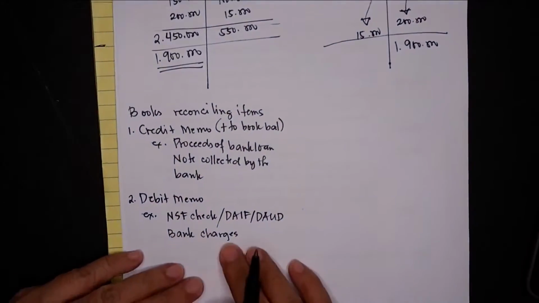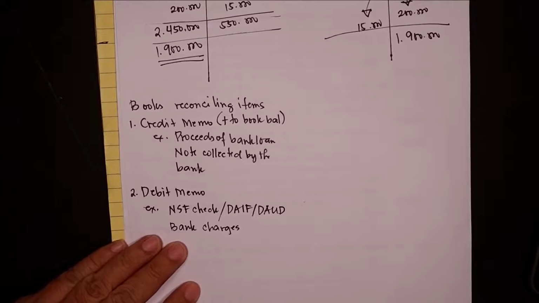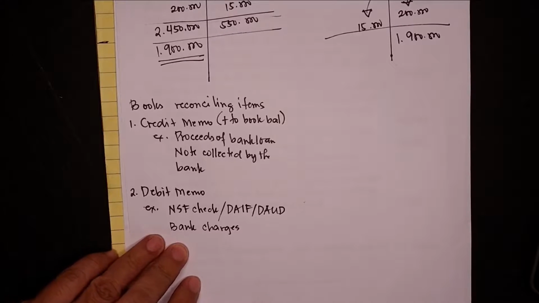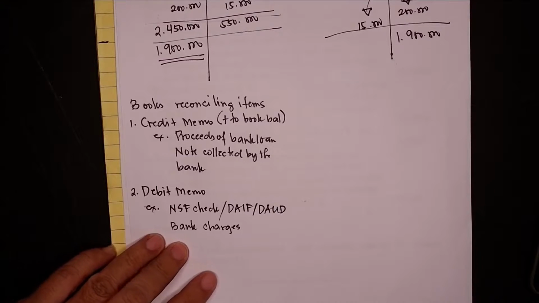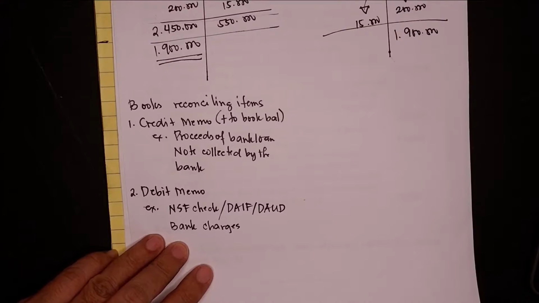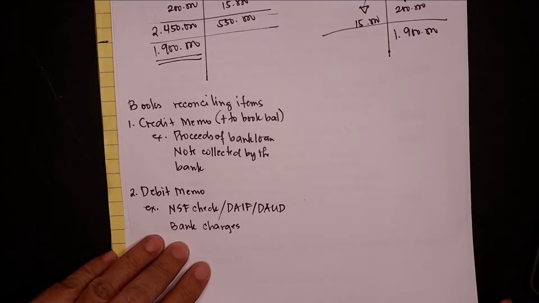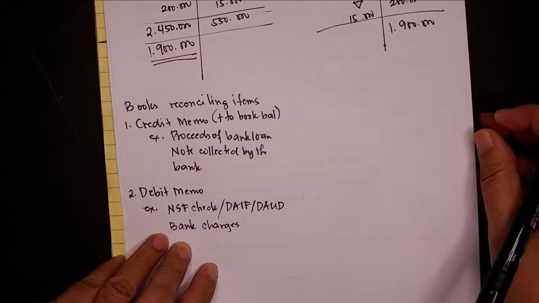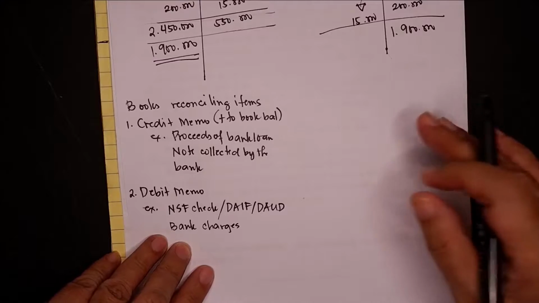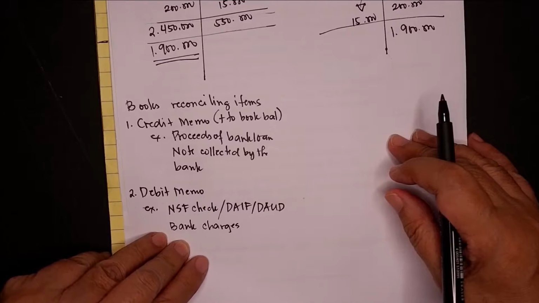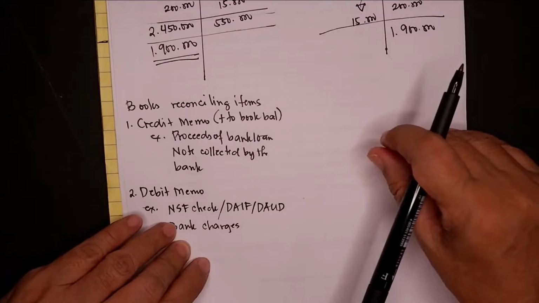Okay. Also, the bank charges. What is this bank charges? Example, we order a checkbook from the bank, from BDO, say 50 booklets of checks, and that costs us, say, 10,000. We do not prepare a check for that, and we just let the bank deduct it automatically from our account.